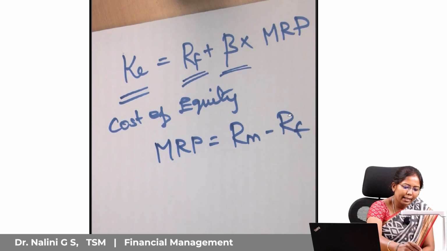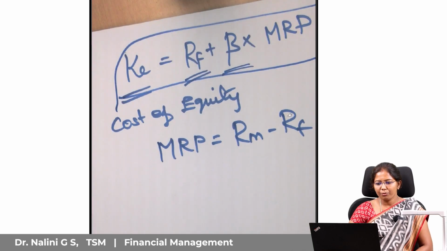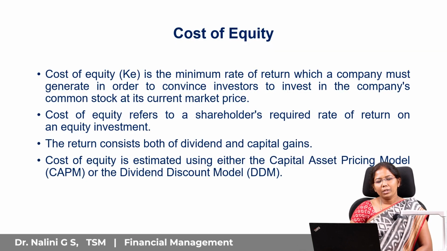So this will help you get the shareholders' expected rate of return. There is another model called the dividend discount model. Using that model also we can measure the cost of equity. But in this course we'll be focusing on the capital asset pricing model to measure the cost of equity.